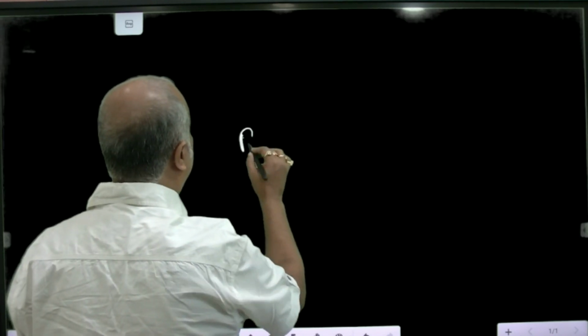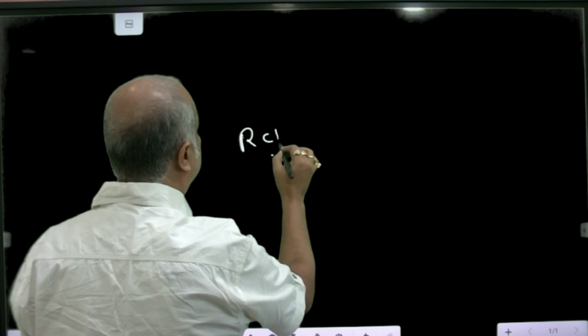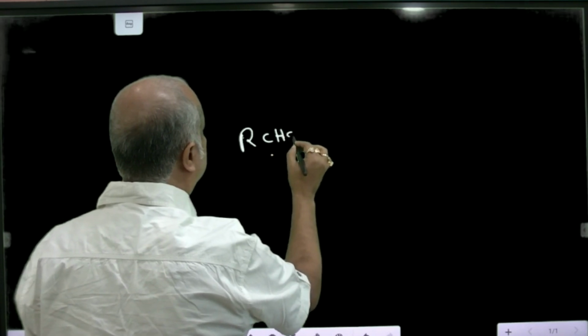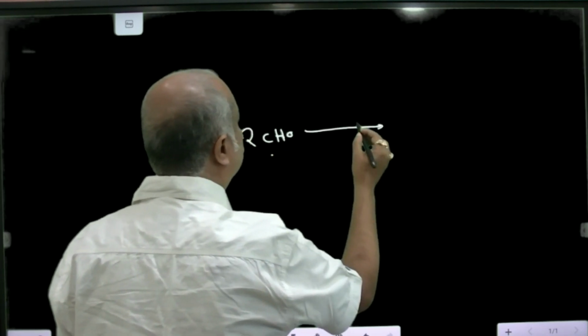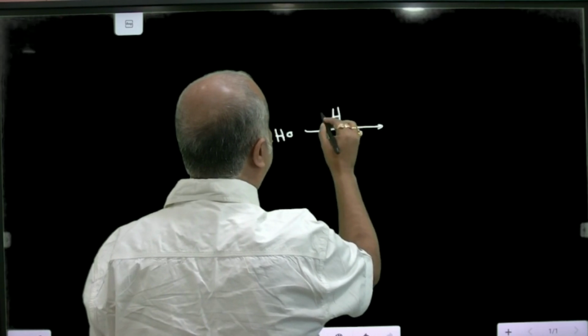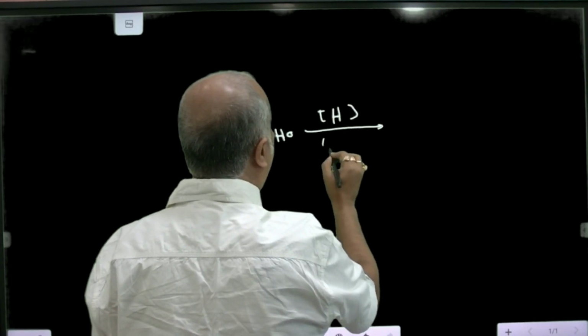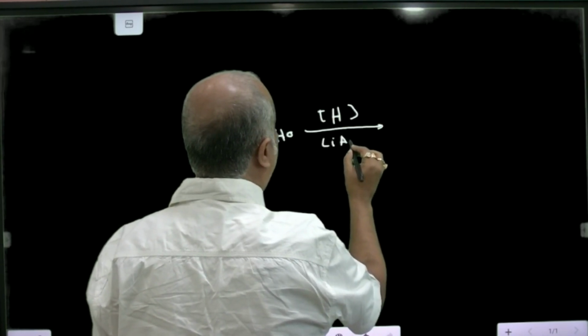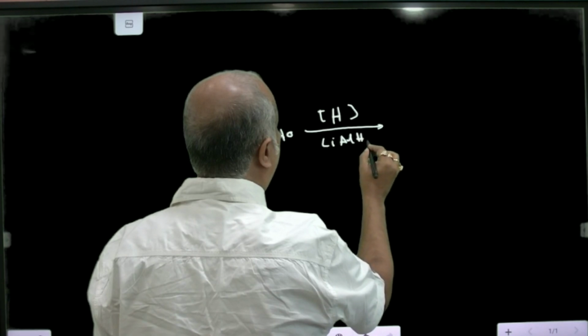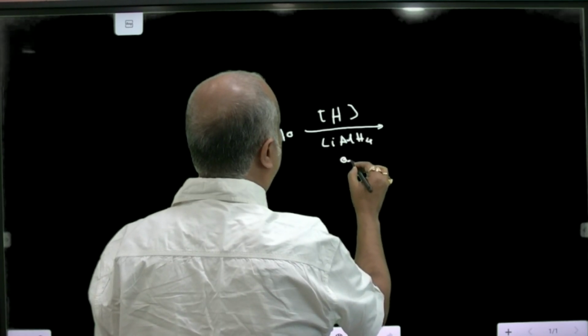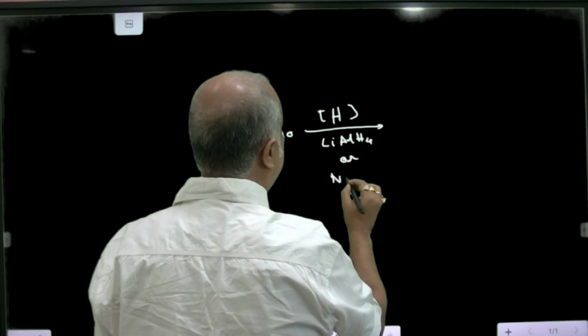First, aldehyde, RCHO, reduction, very important, with LiAlH4 or NaBH4.